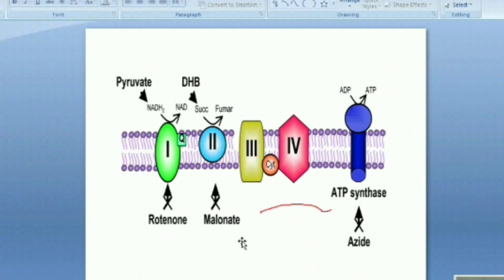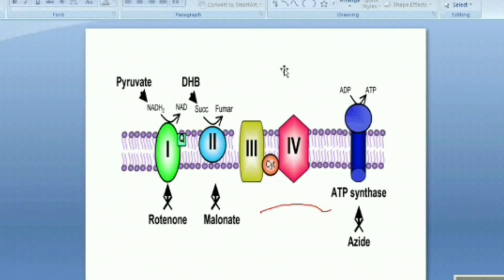Ultimately, the concentration of protons is increased many times in this membrane space, that means between inner and outer mitochondrial membrane, and it tries to penetrate into the matrix.